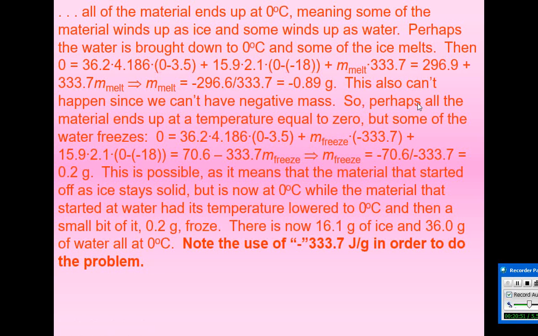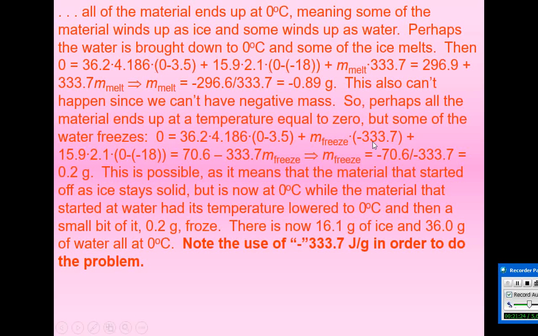The substance at the end in thermal equilibrium: none of the original ice melts, but it is brought up to 0 degrees Celsius. On the other hand, the water is brought down to 0 degrees Celsius, and some of it freezes. Again, the heat for the system is 0. We have the 36.2 grams of water brought down to 0 degrees Celsius, and some of it freezes.